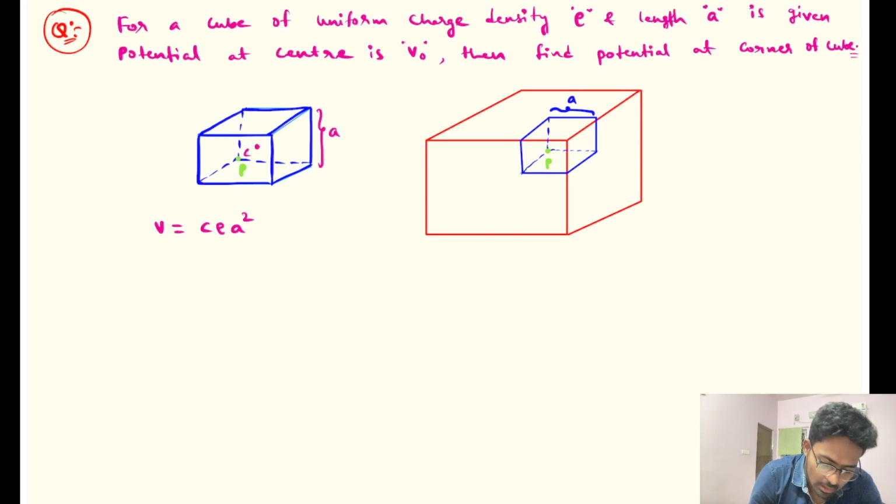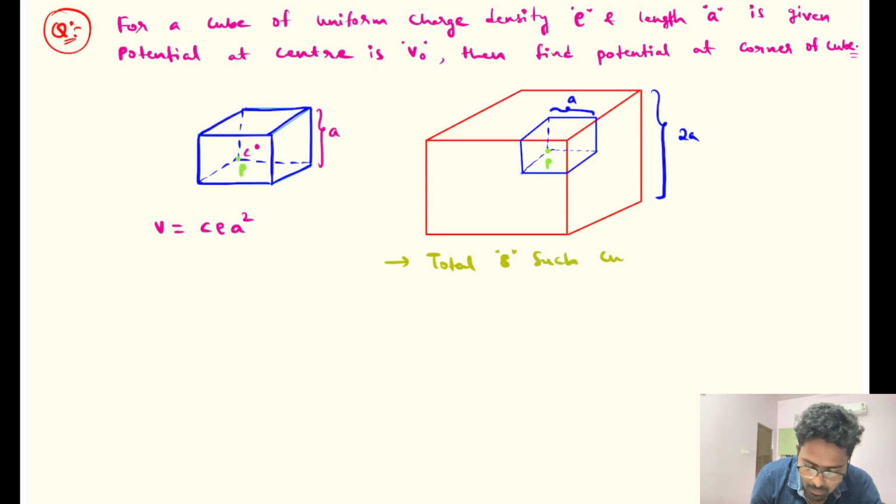Now here you need to understand the following points. You need to understand how many cubes are there. A total of 8 such cubes are required to get a cube of side length 2a.